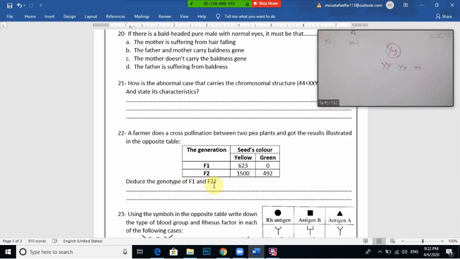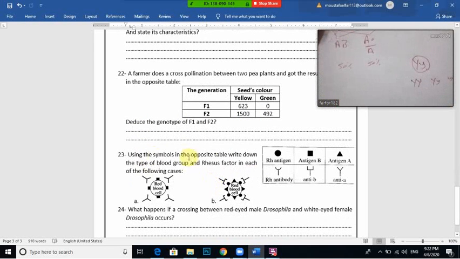Question number 23. Using the symbols in the opposite table, write down the type of blood group and the Rh factor in each of the following cases. He gives you a key here. The key contains the symbols for antigen A, antigen B, antigen Rh, and the symbols for the complementary antibodies for each antigen.